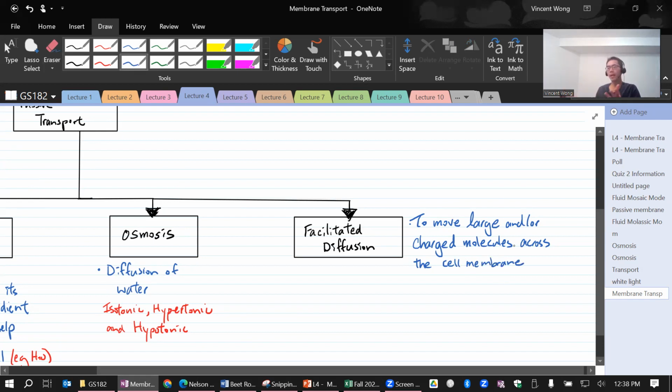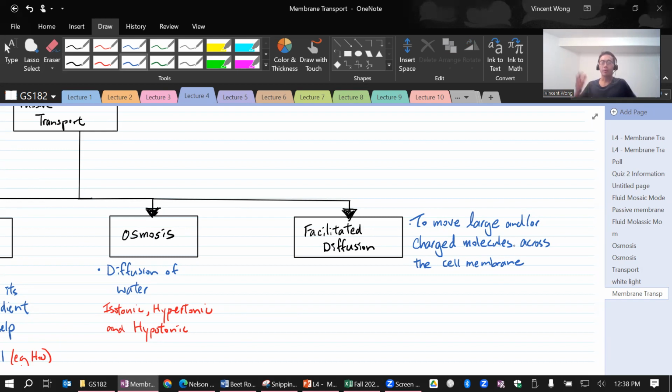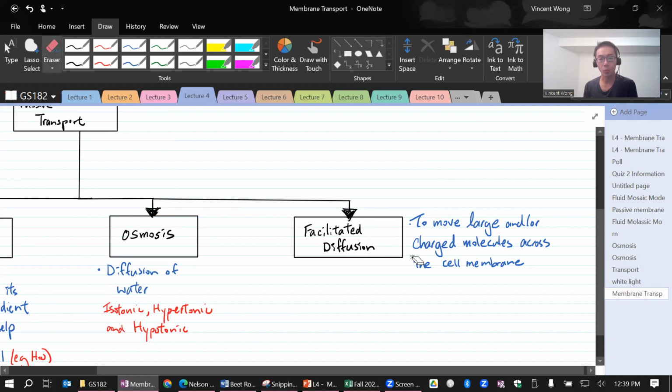Okay, they are either too big to cross on their own, or if they're charged, they won't be able to pass through the phospholipid bilayer, right? So we're gonna need some help. Okay, so move large and or charged molecules across the cell membrane with the help of a membrane protein.